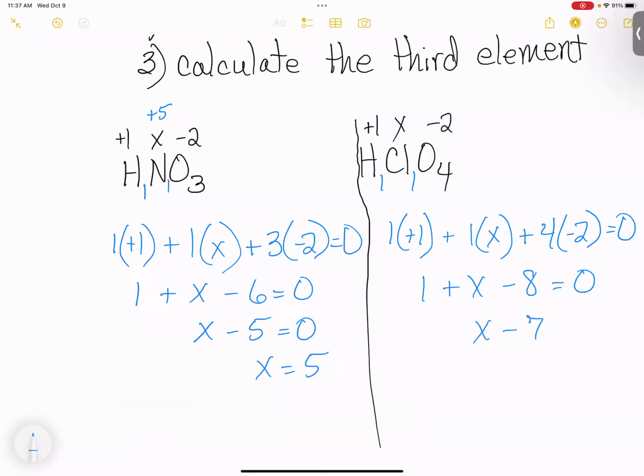X minus 7 equals 0. X equals 7. So the oxidation state on the chlorine is a +7. Because the oxidation state on chlorine is a +7, that makes perchloric acid the stronger acid.